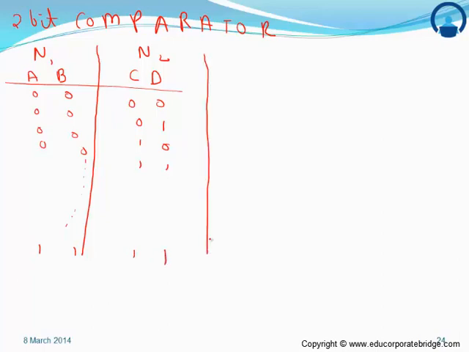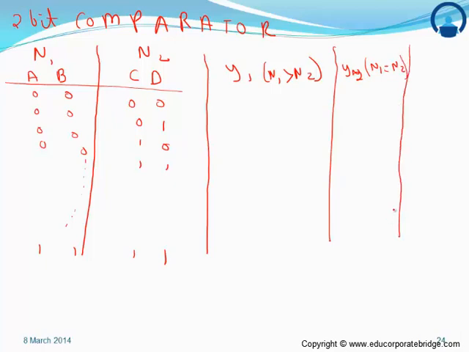The outputs again will be of the same kind: y1 for n1 greater than n2, y2 for n1 equal to n2, and y3 for n1 less than n2.